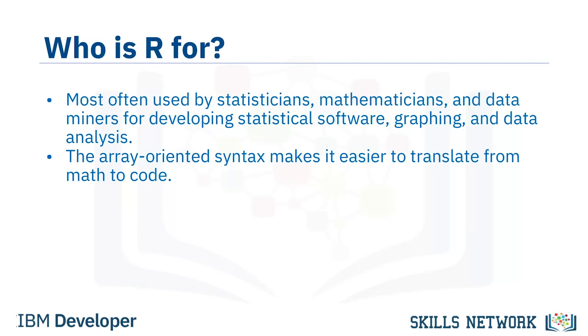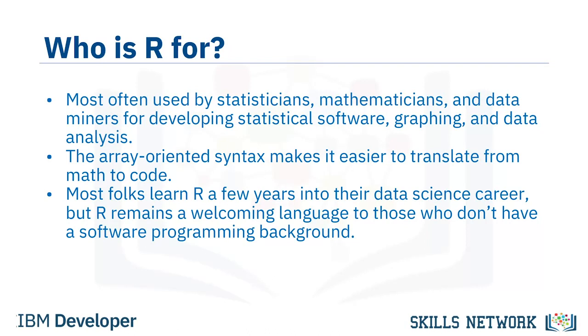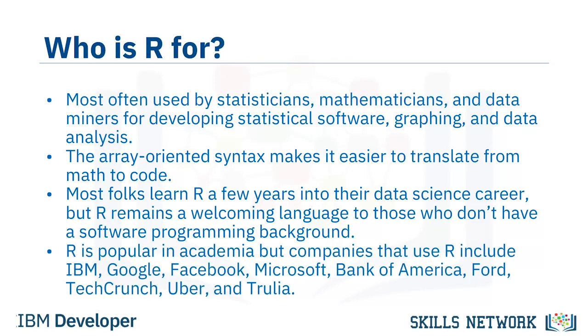According to Kaggle's Data Science and Machine Learning Survey, most folks learn R when they're a few years into their data science career, but it remains a welcoming language to those who don't have a software programming background. R is popular in academia, but companies that use R include IBM, Google, Facebook, Microsoft, Bank of America, Ford, TechCrunch, Uber, and Trulia.